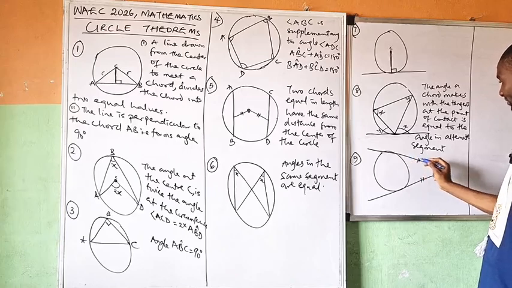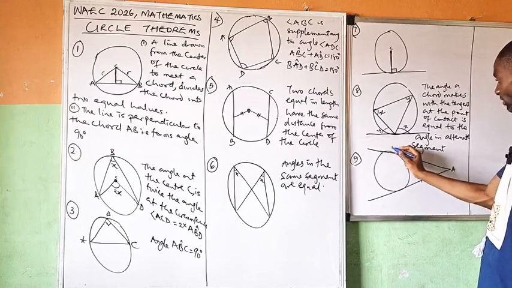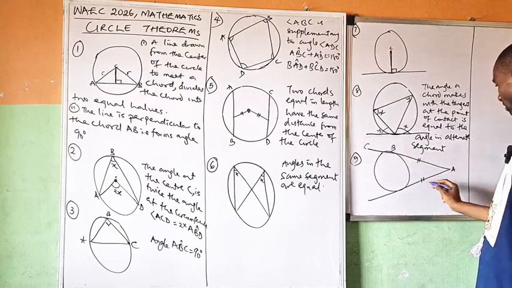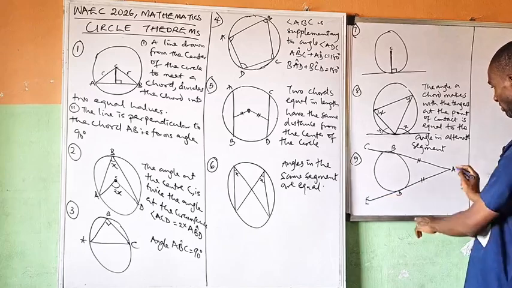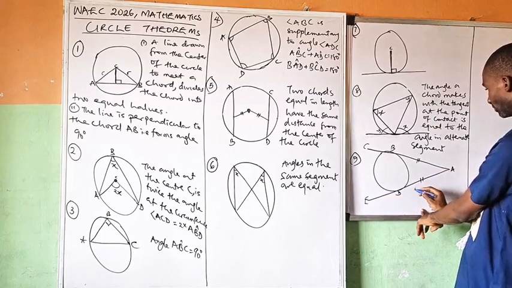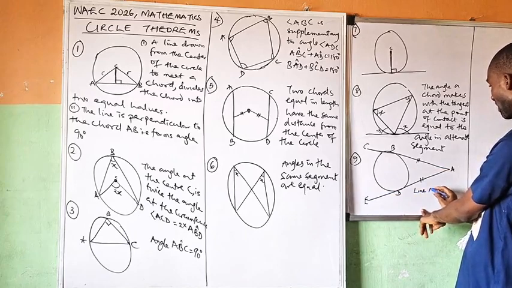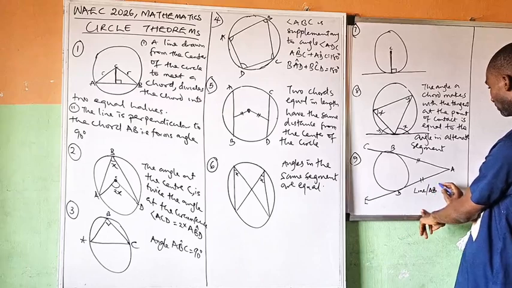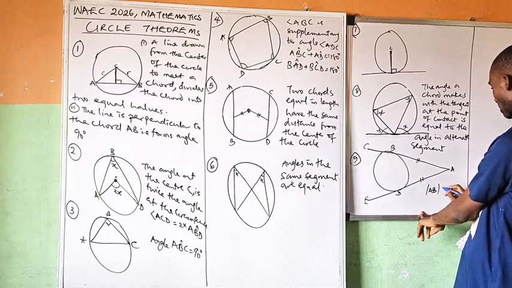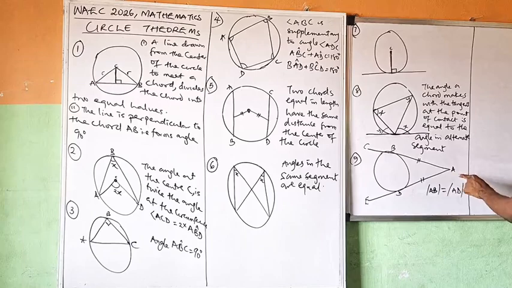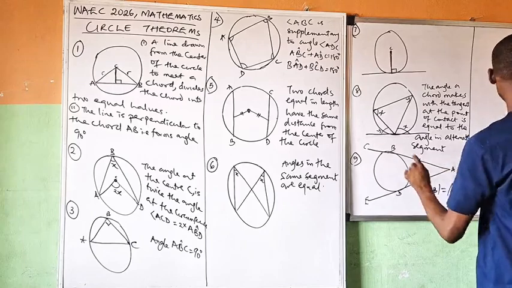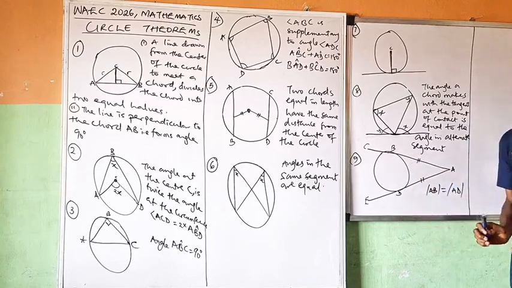So if here is A, B, C, then D, E, it means that the line AB is equal to line AD. So the distance from here to here is equal to the distance from here to here. So that is what the rule says.